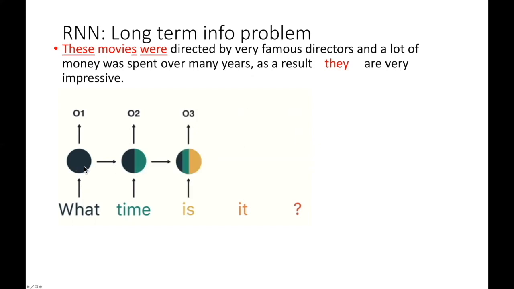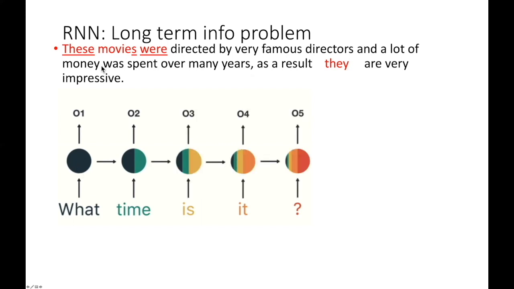For example, what here, which is represented by the color black, becomes pretty small as you keep going ahead. And that is one of the problems wherein the RNN will completely forget what the initial part of the sequence was.